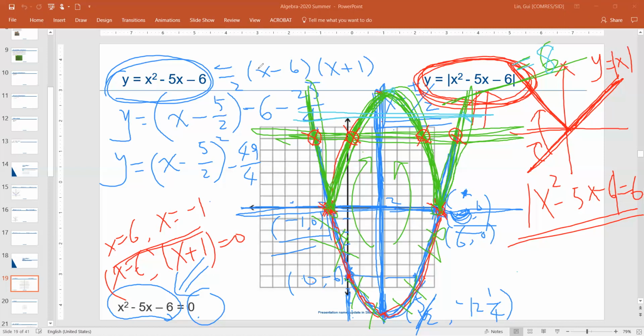If you say the absolute value of x squared minus 5x minus 6 equals 0, there are only 2 answers, right? This is the equation. This line only has 2 answers, this dot and this dot. Only 2 points. Now if this part is exactly equal to the vertex, say 12 over 1/2, 12 over 1/4, it's exactly the vertex right here.